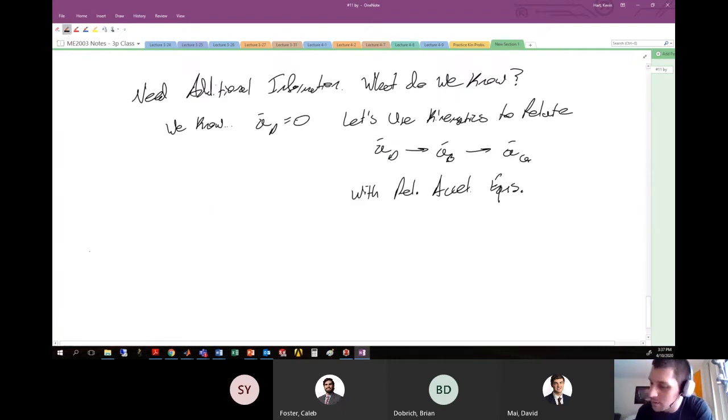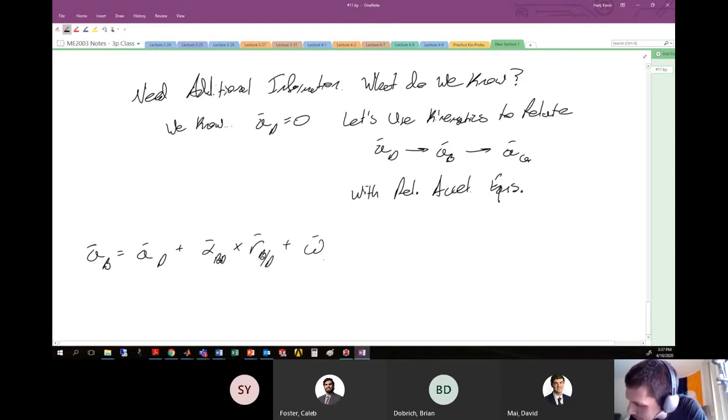So the acceleration of point B is equal to the acceleration of point D plus alpha of this wire BD crossed with the position vector that locates B from D, plus the angular velocity of this wire BD crossed with the angular velocity of this wire BD crossed with the position vector that locates B from D. Well, we don't really know the angular acceleration of BD. We don't really know the angular velocity of BD.